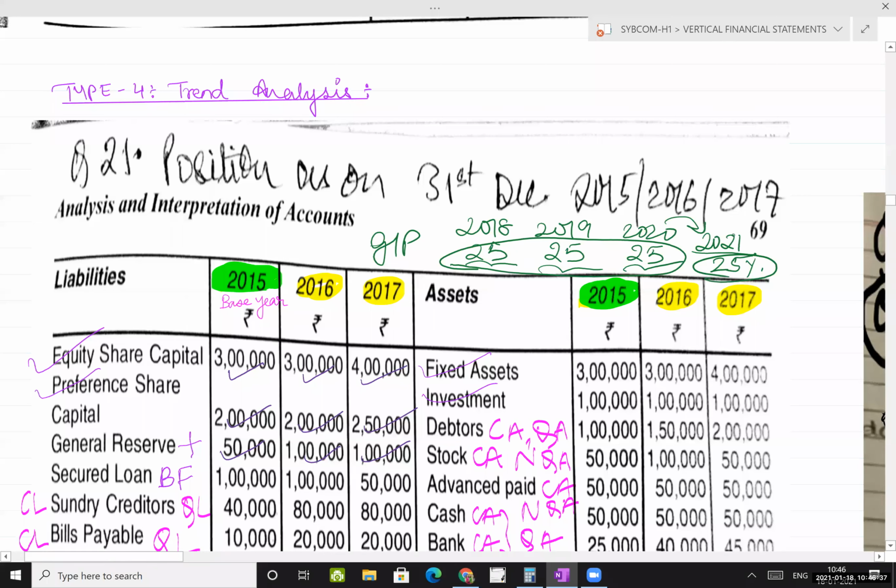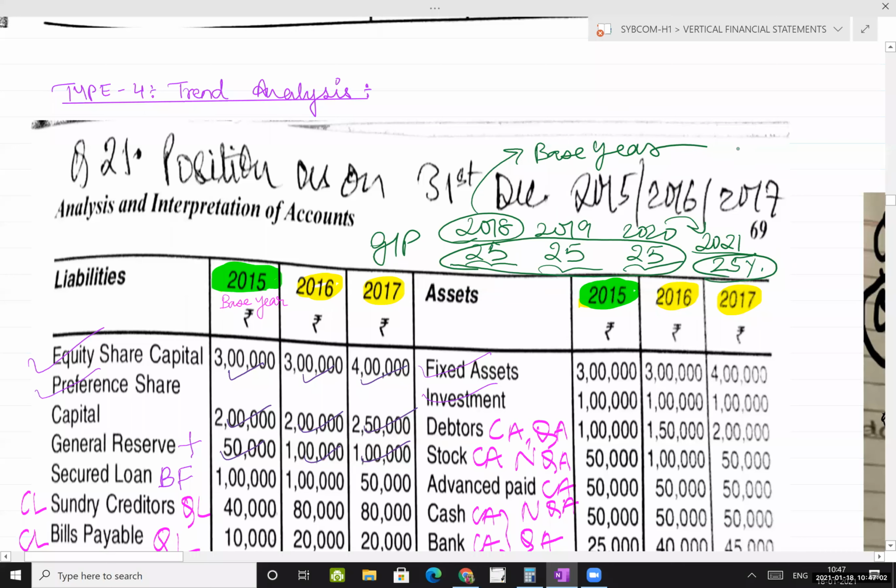Okay, so in trend analysis you have something called a base year. Base year means the first year is known as the base year. In the example I gave you, 2018, 19, 20, which is the first year? 2018 is my first year, so that becomes my base year.